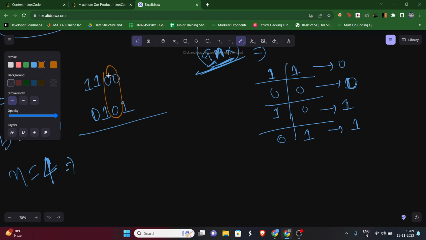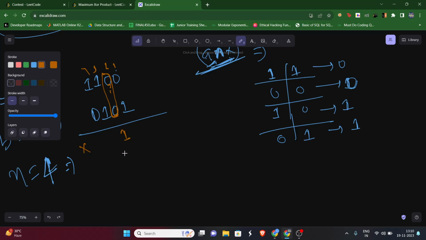Let me try it carefully. For the second bit, this is the first bit, second bit, third bit, fourth. For the second bit, we have both a and b set as 0. So what we can say from here is that the x we select should be such that at least for this bit, it should be 1. Why?